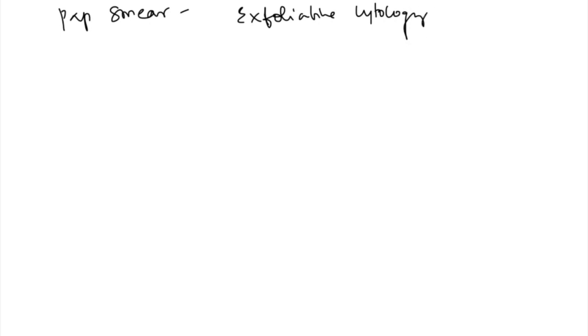You don't really get to know from where the cells are coming. Only in 10% of endometrial carcinoma cases you will get abnormal cells in the pap smear, but hence it is not routinely done. You will miss off, so the sensitivity is low. Pap smear is not a routine mode.